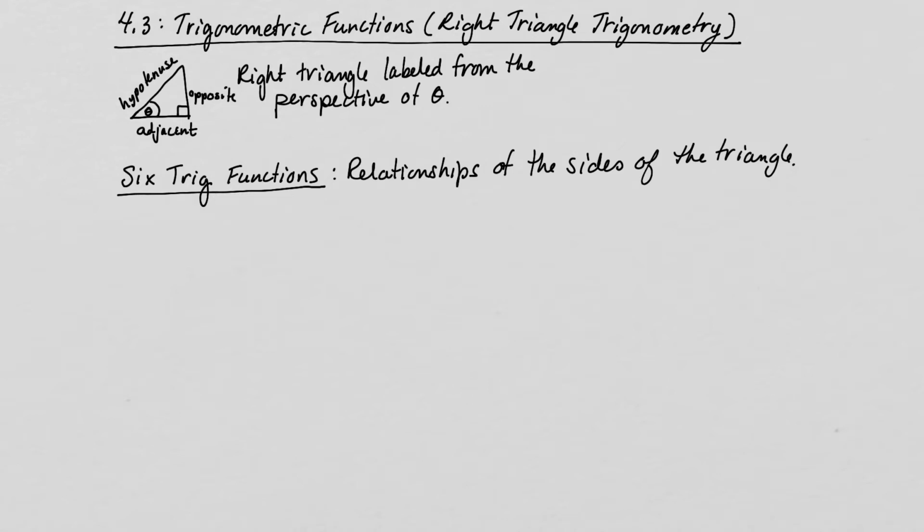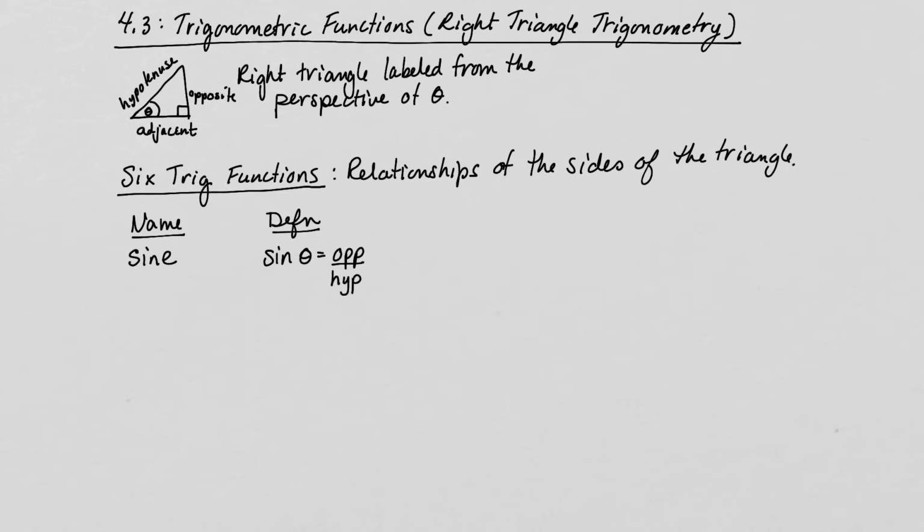Okay, and so those 6 trig functions are, there's the first one, so I'm going to put the name and the definition. There is the sine function, S-I-N-E. The way that we write that is sin theta is equal to the opposite side over the hypotenuse.